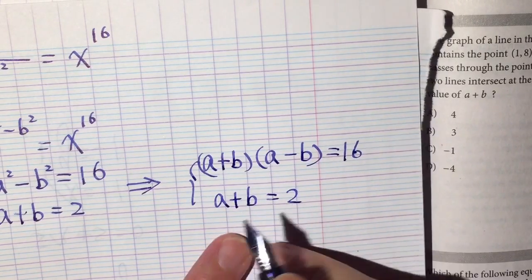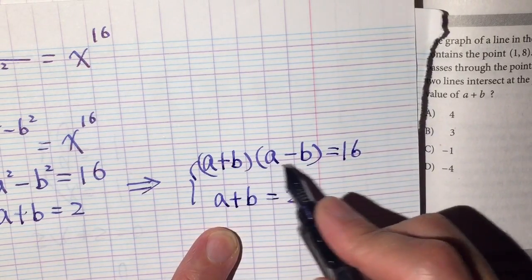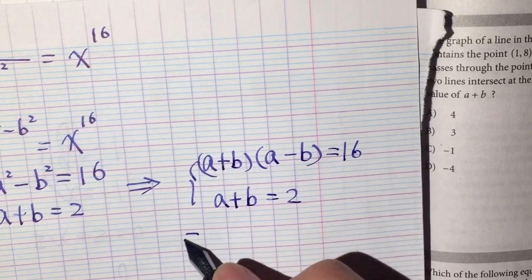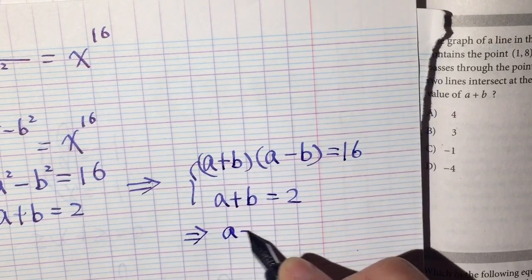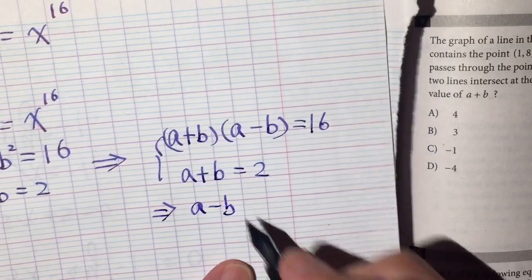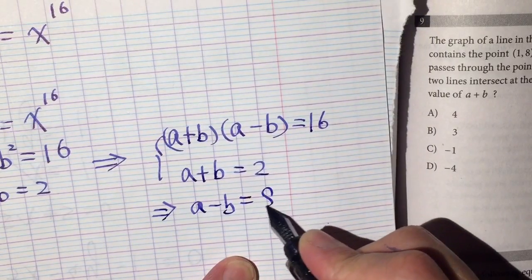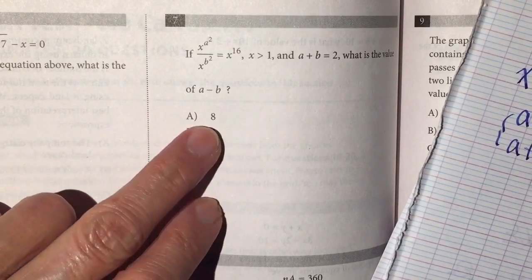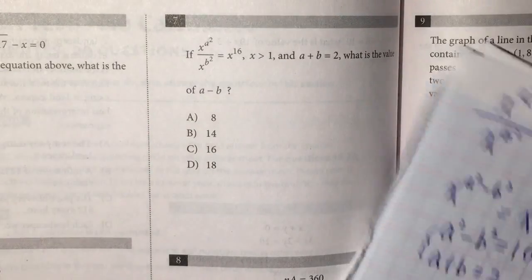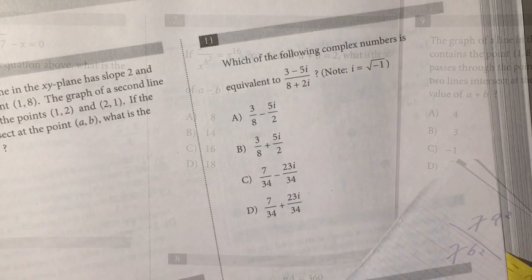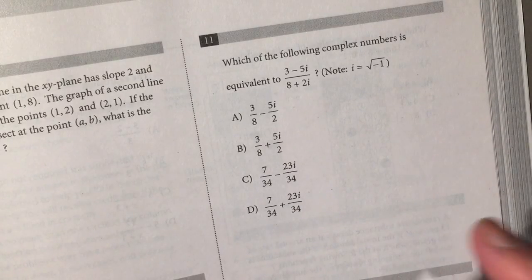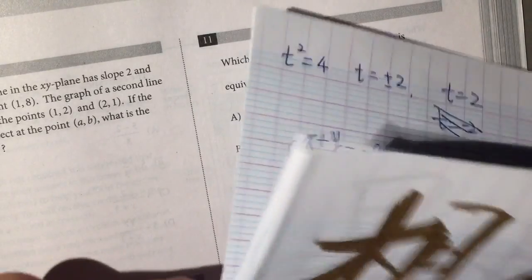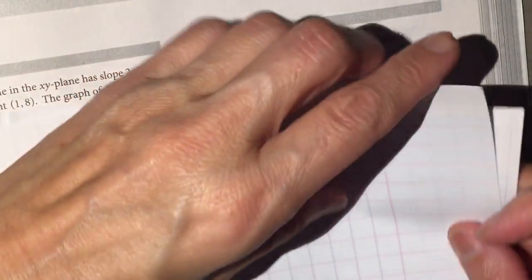And plug in this a plus b equal to 2, a minus b equal to 8. Is this the answer? Yeah, a minus b is 8. The answer is A.